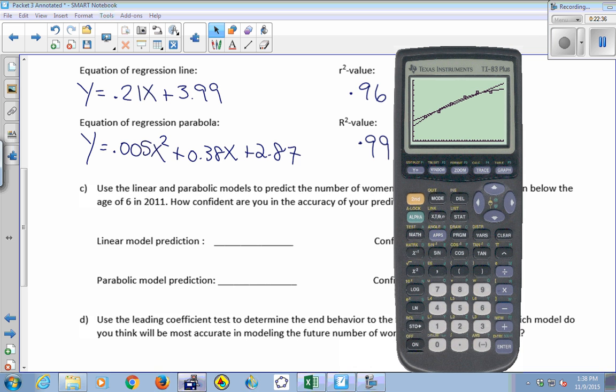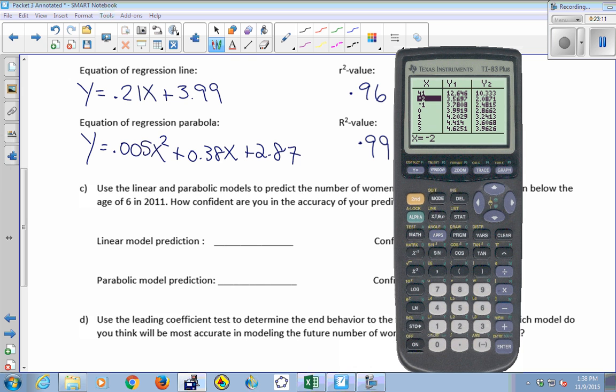All right, so quit from your graph. Just hit second quit. If there's anything in your home screen, you can just clear it. Okay. I'm going to use my table to help me answer this question. So table is a second function over graph. So you hit second graph and you get a table. And you can either scroll to 41, right? If you have a scrolly kind of X table, or it might be set where you can just type in the value you want. So I can just type in 41 for X, and it will tell me Y1 and Y2. So my linear model was stored in Y1.